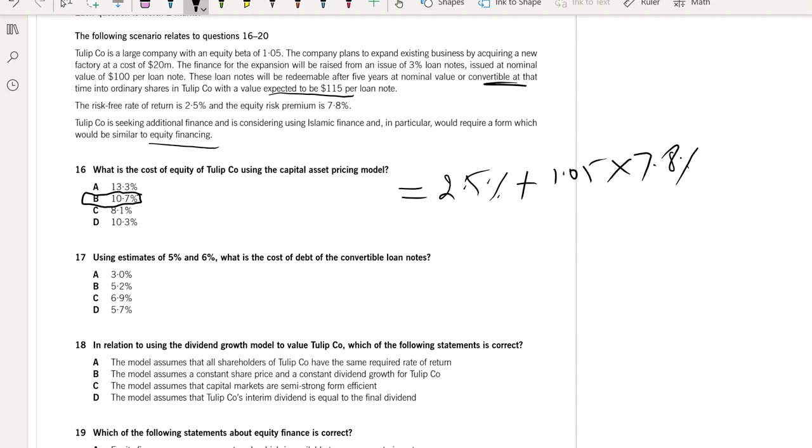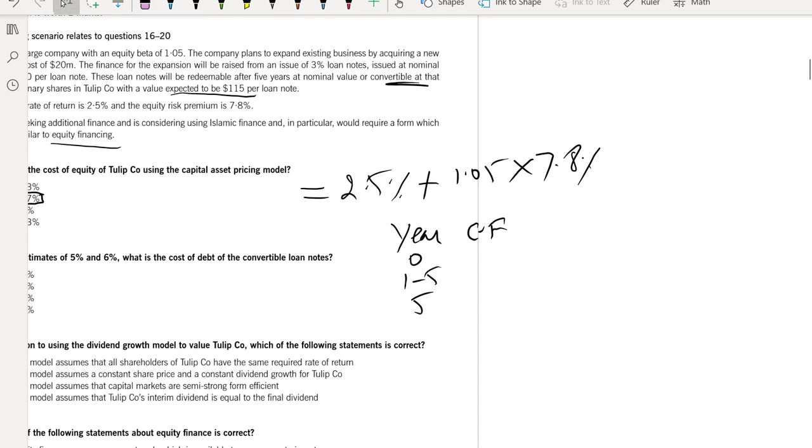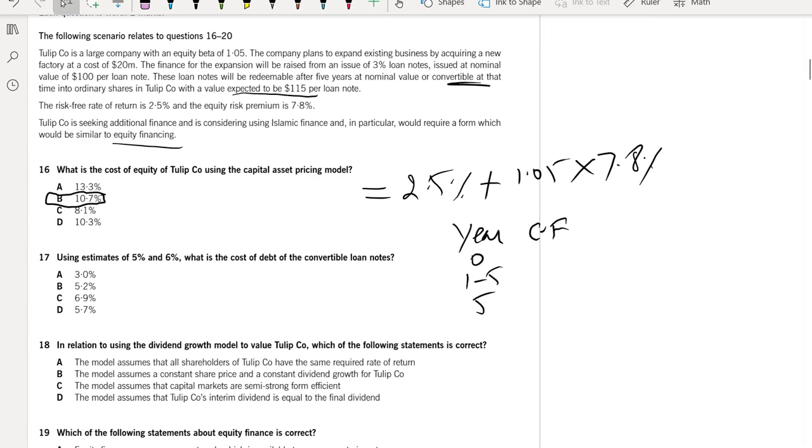Using the estimate of 5% and 6%, what is the cost of debt of the convertible loan notes? So let's make a pro forma. Year 0, years 1 to 5, cash flow. In year 0, the market value is equal to the issue price, nominal value 100.